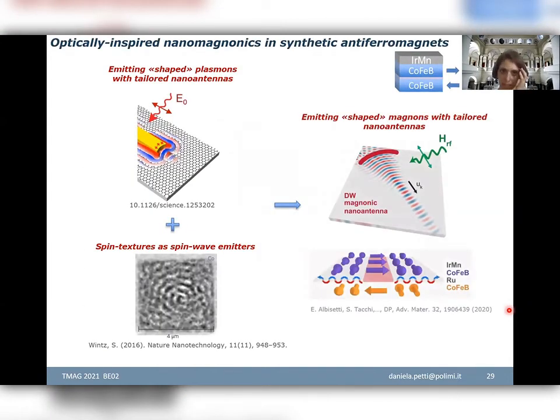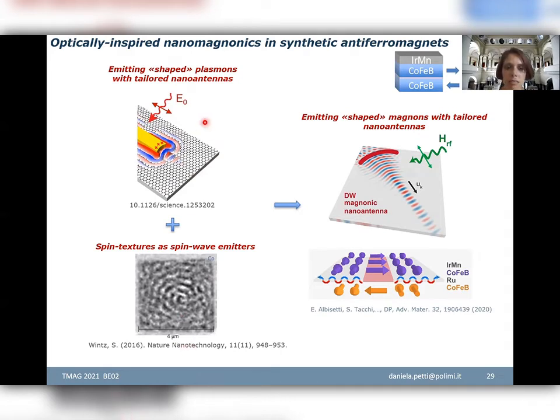Finally, this is the last system I show you today. That is, as I mentioned, an optically-inspired platform based on synthetic antiferromagnets in this case. The idea starts from this nice work, shown here on the left, in which they use plasmonic nanoantennas in order to convert the global electric field into a local stimulation of plasmons that are launched in this graphene layer.